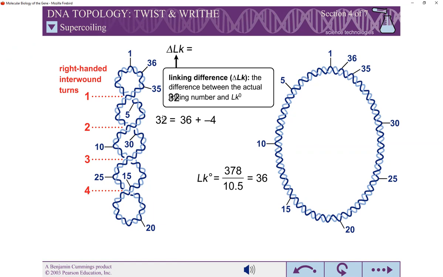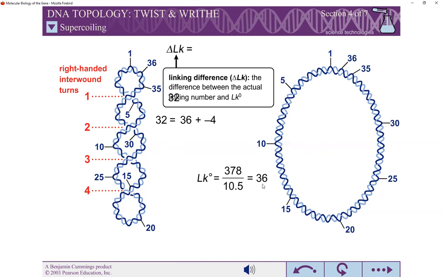It is the linking number of the present DNA minus the linking number of the standard DNA. If it comes out to be negative, the DNA is negatively supercoiled. When you talk about negative supercoiling, that means the DNA is quite relaxed.